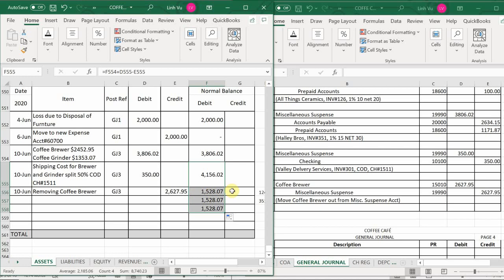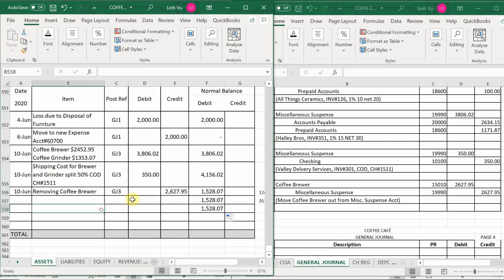That's the total cost of my coffee grinder, because I'm taking the coffee brewer out. All I have left is my coffee grinder with the shipping, so it's going to be $1,528.07.